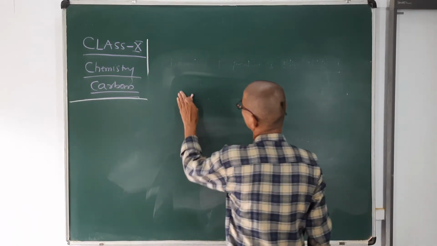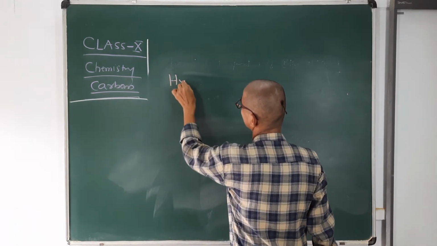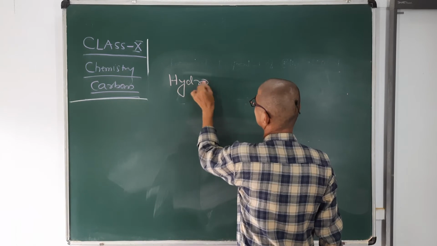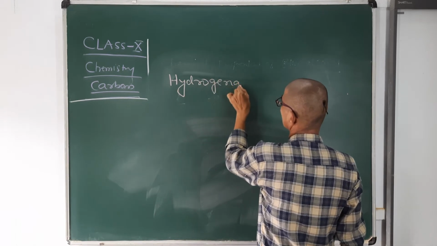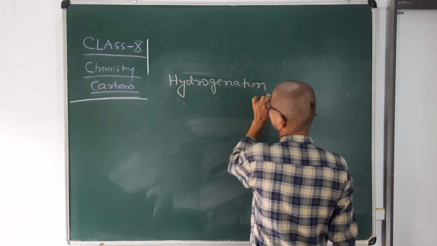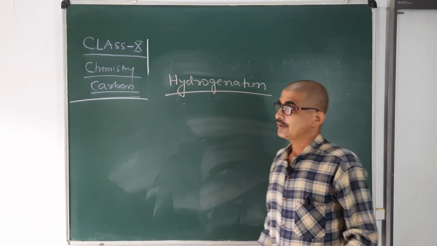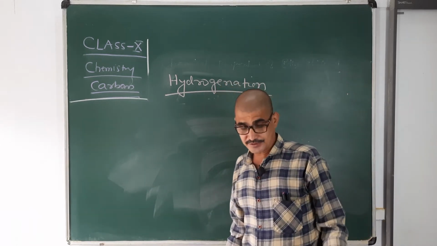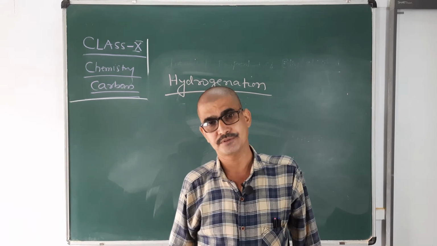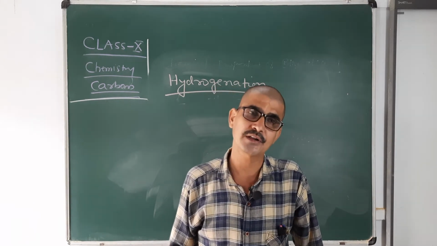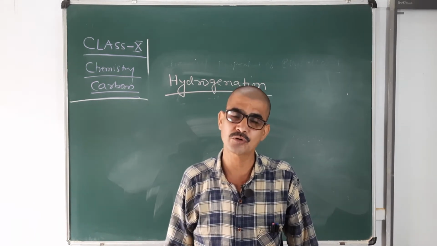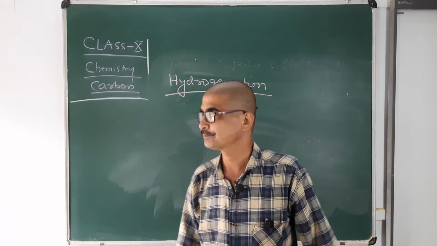Now one more reaction, it is called hydrogenation. Addition reaction generally takes place in alkene and alkyne, because for addition reaction at least a double or triple covalent bond is required.